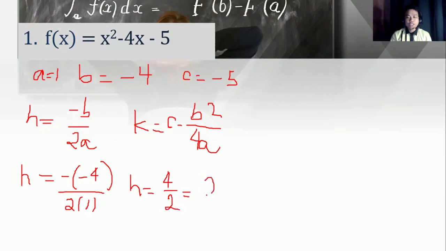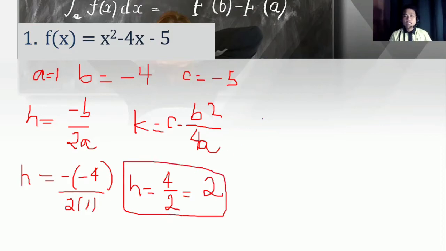So h is positive 2. Then k equals c, which is negative 5, minus b squared. So b squared is negative 4, then square, over 4 times the value of a, which is 1.